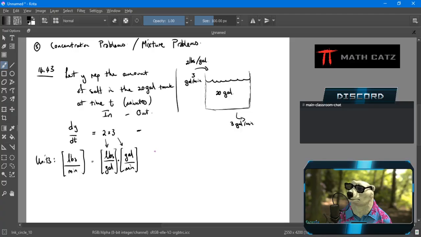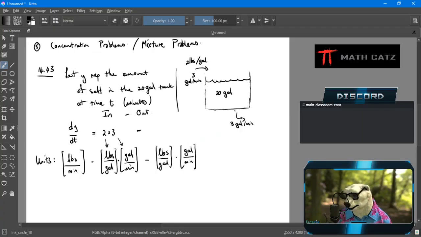Now, some salt is being lost because of the 3 gallon per minute exit. So again, I'm going to need pounds per gallon that's leaving. And in order to get that as pounds per minute, I need to multiply that by gallons per minute to make sure my units are correct.